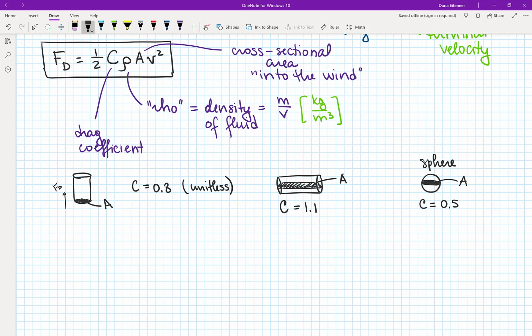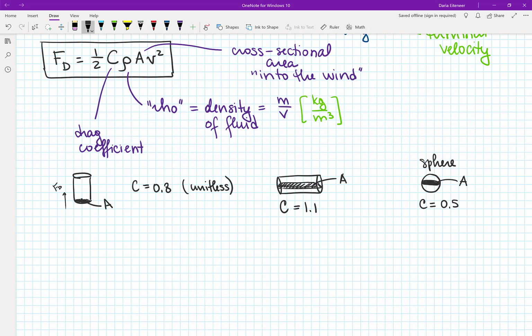So the actual area depends on which way the object is facing, towards the wind or towards the airflow, and C depends on the shape of that area. Not on the number, but on the shape. Then you take all of these values, plug them in, and you have force of drag at quote-unquote high speed.